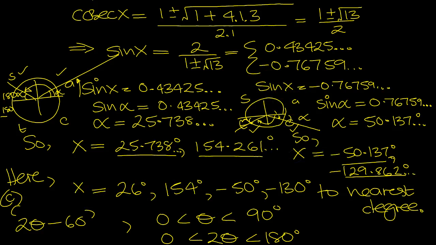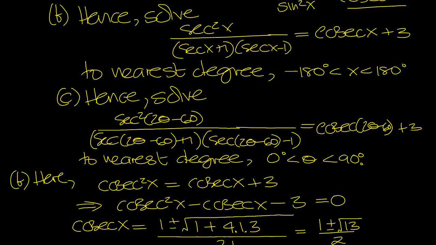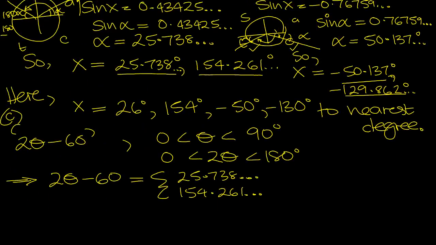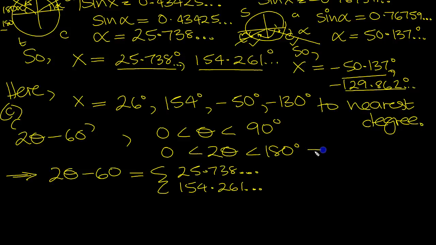For x. Now the reason we can do it, let me just go back to the question. This equation is identical to this one in every respect except for x is replaced by 2 theta minus 60. And the solution set's just a different range, isn't it? But here we've got to change the range. So 2 theta minus 60 then, and this is the solution set, and that will be 120 degrees.